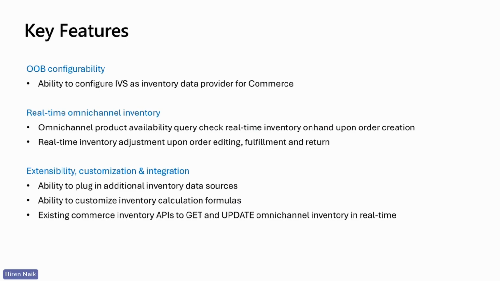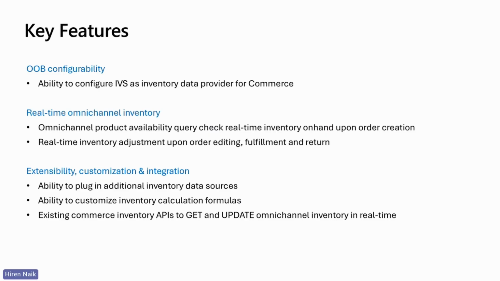On top of that, it provides real-time omni-channel inventory, meaning that you can have a real-time check of inventory on hand across products and variants across different dimensions. At the same time, you can also do inventory adjustments as you receive orders, as you reserve orders, and when you want to fulfill those orders.